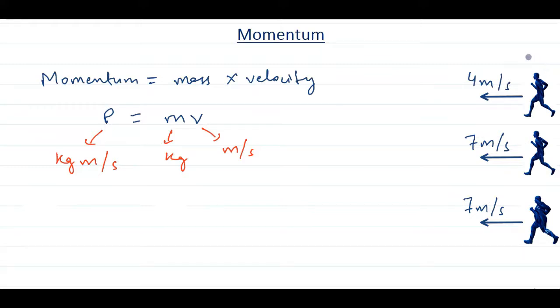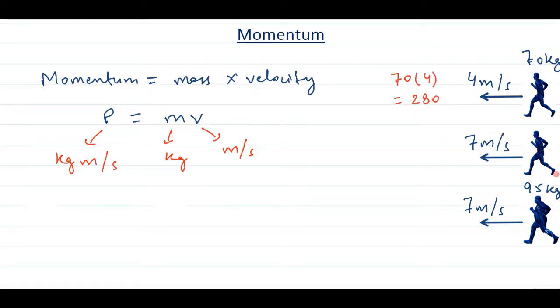So let's assume the first person here has a mass of 70 kgs. This is the same person, the second one, so he also has the same mass. And let's say this third person here has a mass of 95 kilograms. Now let's calculate their momentums. For the first person, it's going to be its mass multiplied with the velocity. So that's 70 multiplied with 4, which gives us 280.